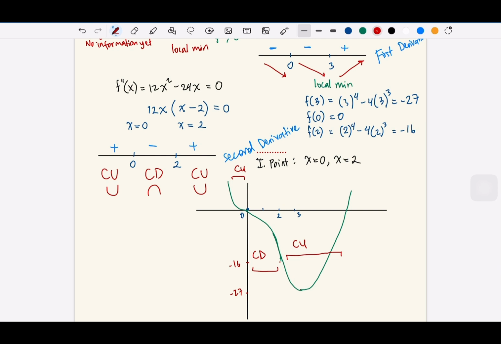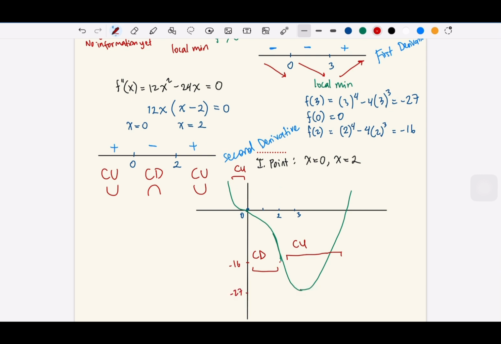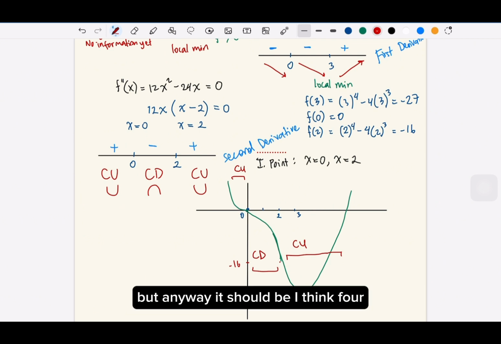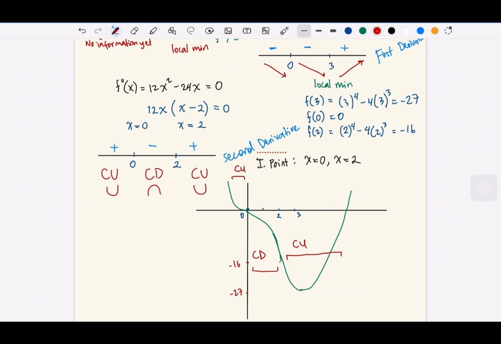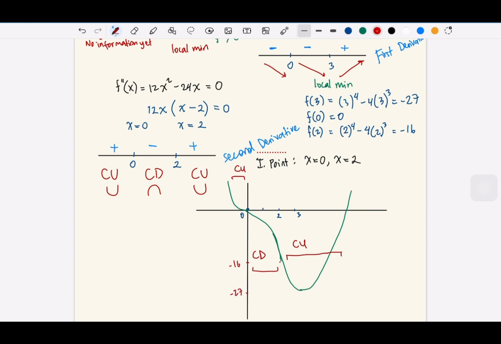I think it should be here. But anyway, this should be, I think, 4, right? This should be x equal to 4. Negative 1, negative 2, negative 3. Negative, multiply with negative. Okay.